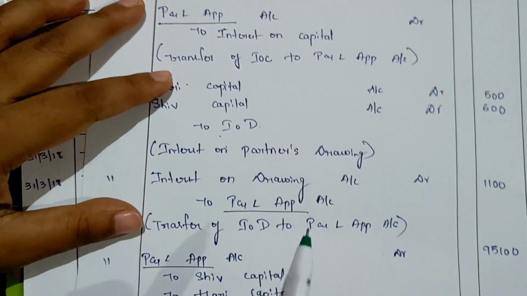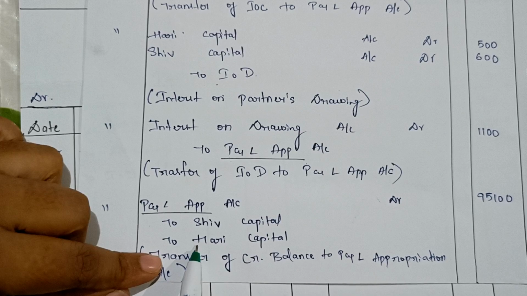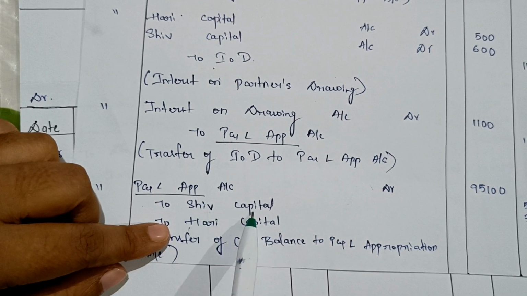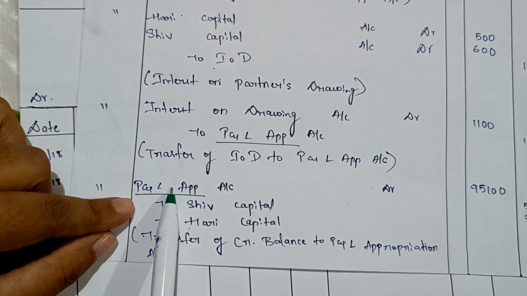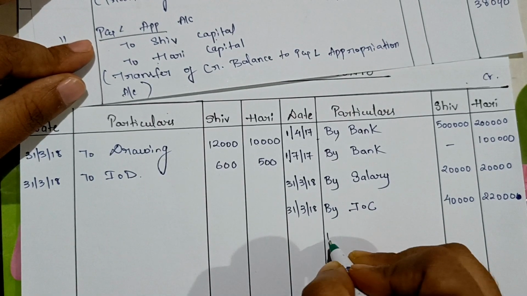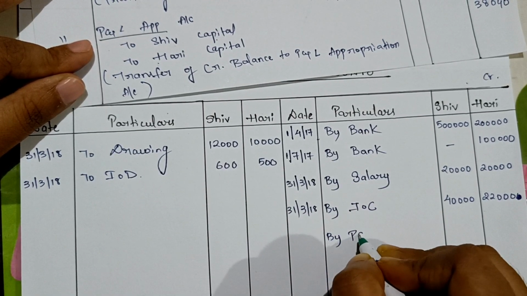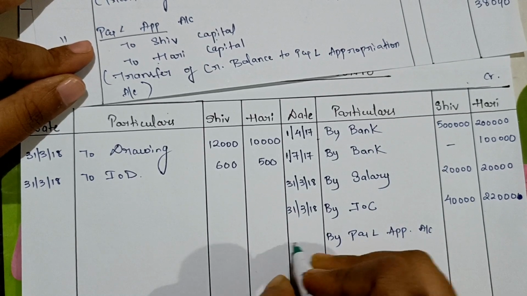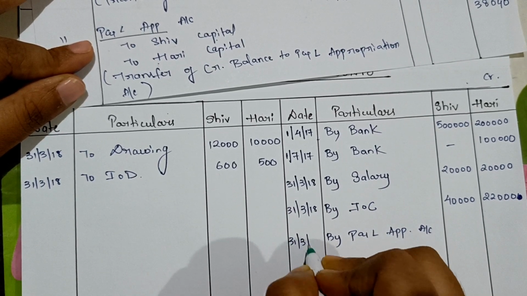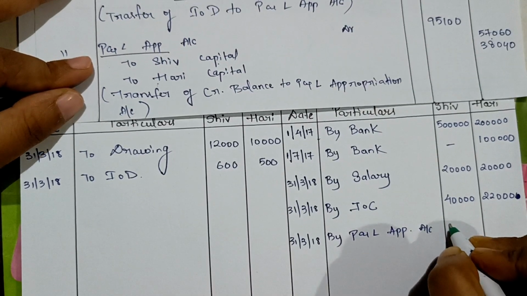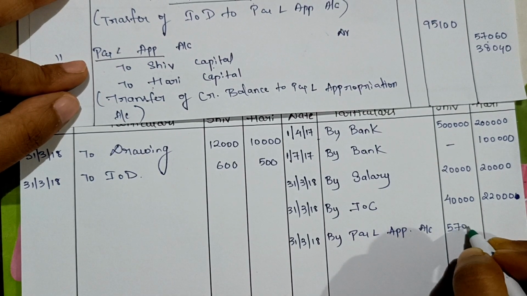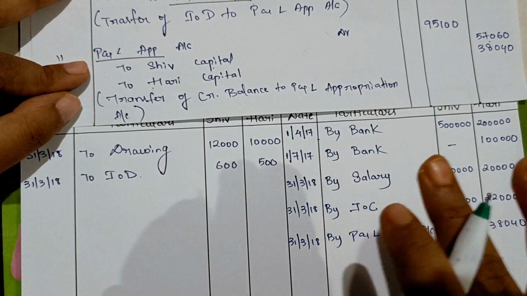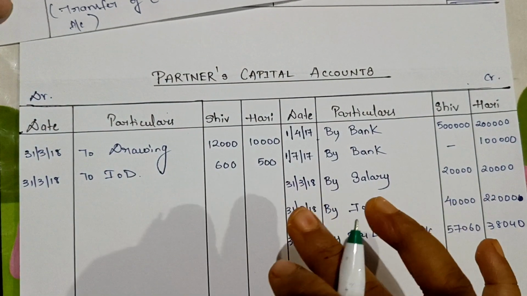Now see, the last entry also includes the capital account, so we are going to post it on the credit side. By P&L appropriation account, 31st March 2018. Amounts were 57,060 and 38,040.